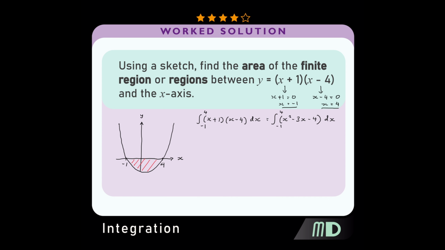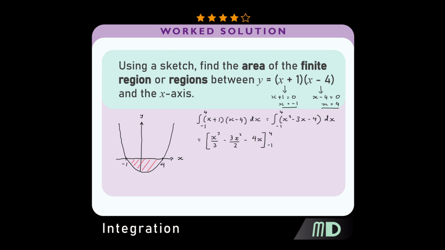So integrating x squared gives us x cubed divided by 3. Integrating minus 3x gives us minus 3x squared divided by 2. And integrating minus 4 gives us minus 4x. We enclose this expression between a pair of square brackets, with the limits 4 and minus 1.